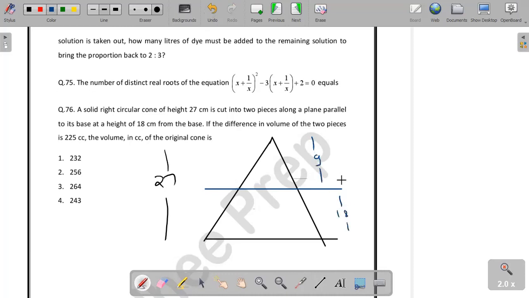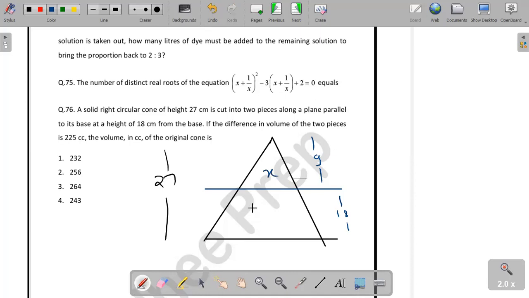If the difference in the volume of two pieces is, okay, you have to understand one thing. This is 9, this is 27, so 1/3 is the ratio. This and this are similar triangles, the full one and this smaller one. So 1/3 turns into 1/27. So if the volume of the total is 27, the volume of this is equal to 1.